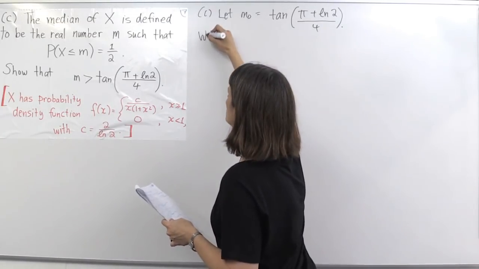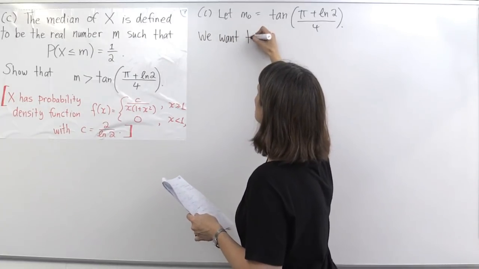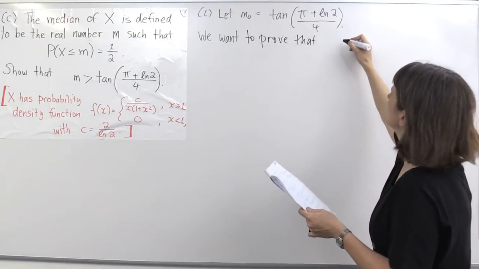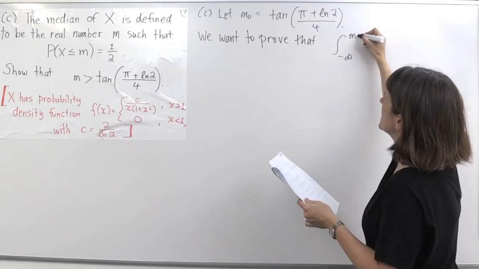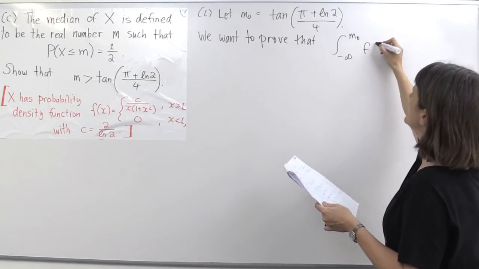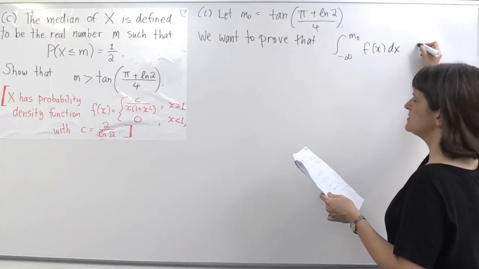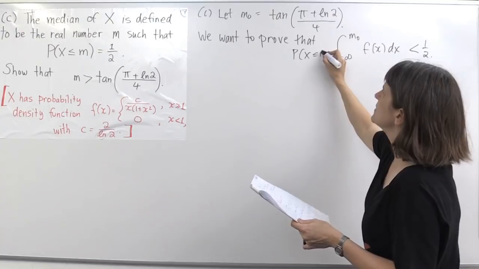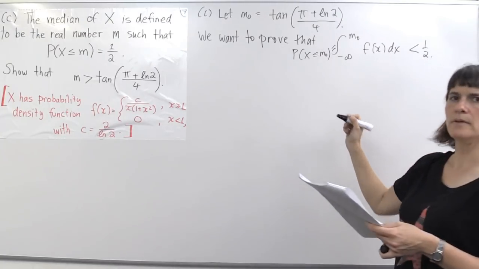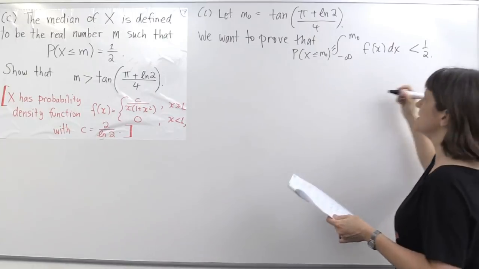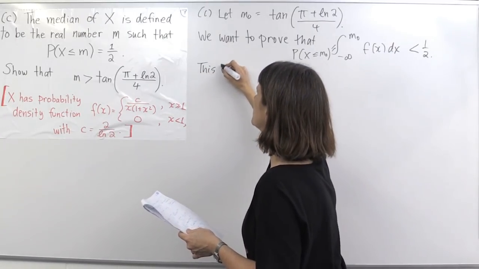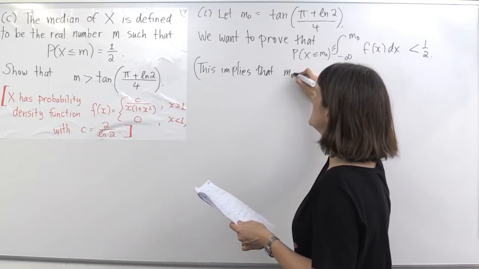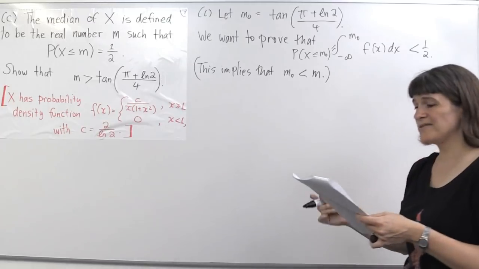And we must show, we want to prove, that the integral from minus infinity up to this value, m0, of f of x dx is strictly less than a half. It's because this is the probability that X is less than or equal to m0. Okay? And that will tell you that you haven't got to the median yet. So this implies that m0 is strictly less than the median, which is what we're after.